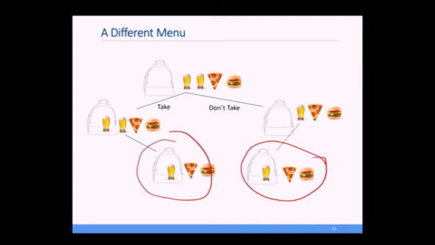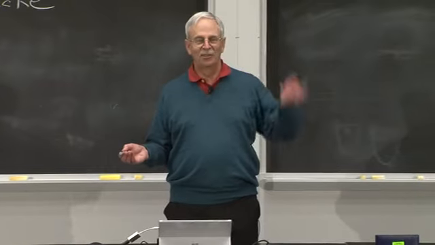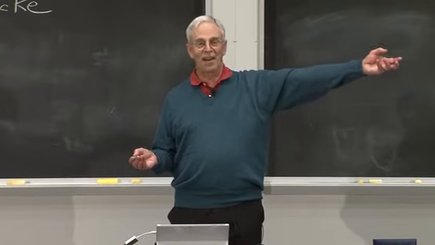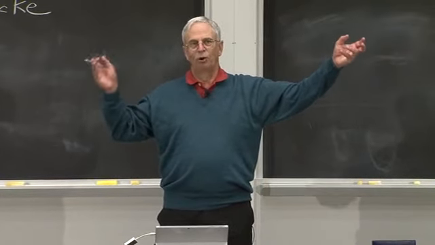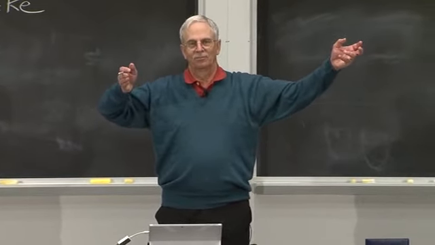Why is it? Well, in this node, we took this beer and still had this one to consider. But in this node, we took that beer. But it doesn't matter which beer we took. We still have a beer in the knapsack and a burger and a slice to consider.